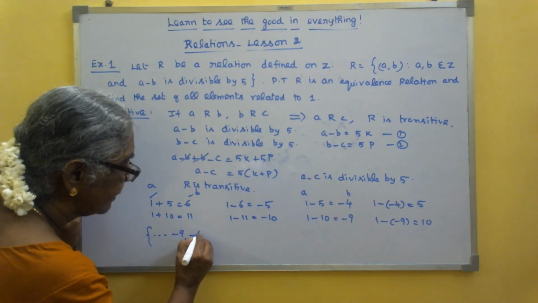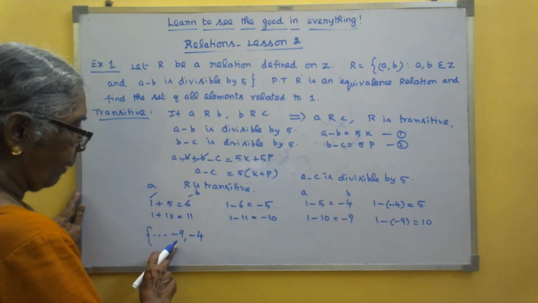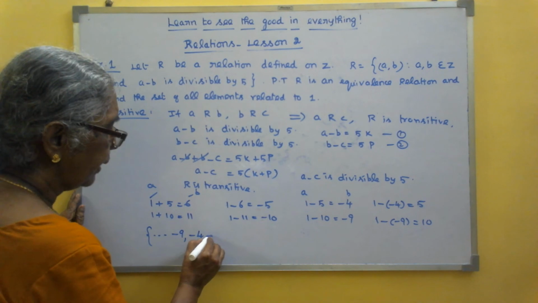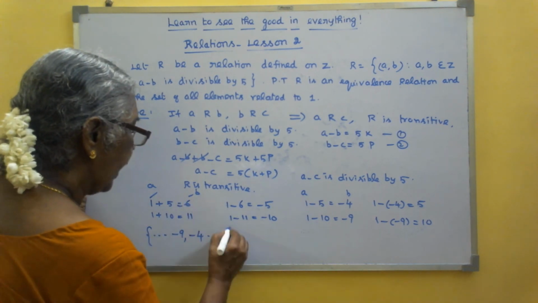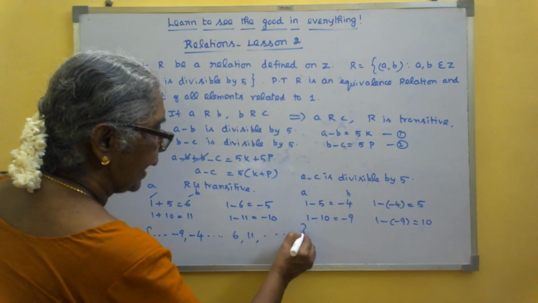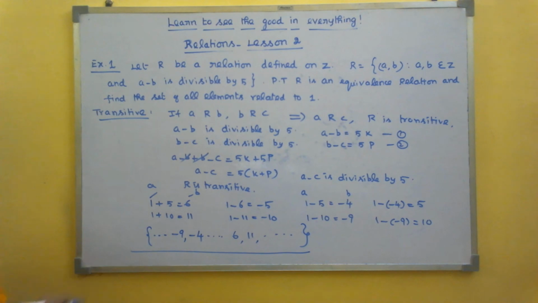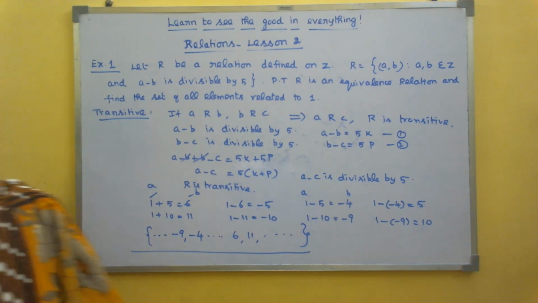I will write minus 9, minus 4. Okay, I will write the B values. So minus 9, minus 4, and so on I can have. On the plus side I have got a 6, I have got an 11, then like that I can put dashes. So these will be the set of all elements which are related to the element 1.